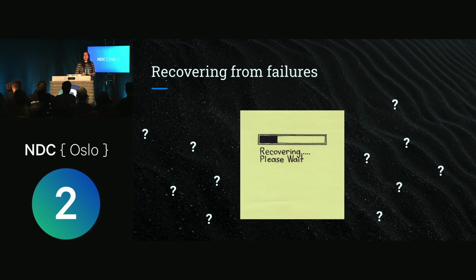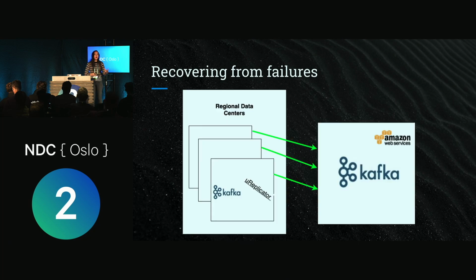So these were essentially our pain points in this architecture, but the thing that I didn't actually discuss is how do we recover from these failures? What would be our criteria to say, okay, something crashed, data is not arriving anymore, but things are okay now? If we go back to the connection between the regional Kafka and the Kafka on AWS, and the uReplicator crashed and is not working anymore, we started it back up again, data is flowing again, well, then that's great, problem solved.